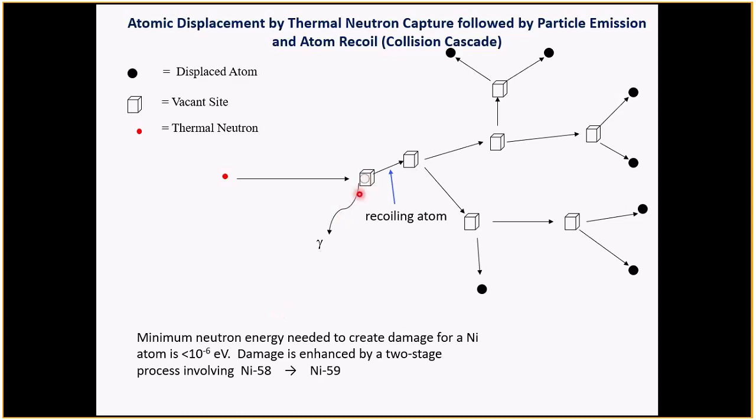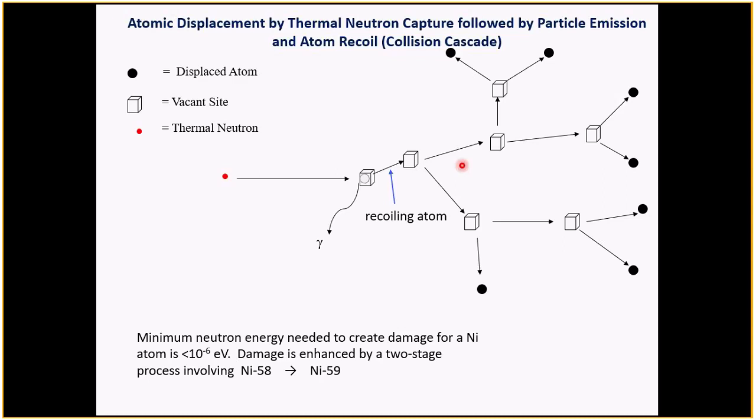But because the gamma ray is emitted, there's a recoil event associated with that, and that produces maybe about 4 or 5 displacements. So a 1 MeV elastic collision will produce hundreds of displacements. A 0.1 eV thermal neutron will produce about 5 or 6 displacements.